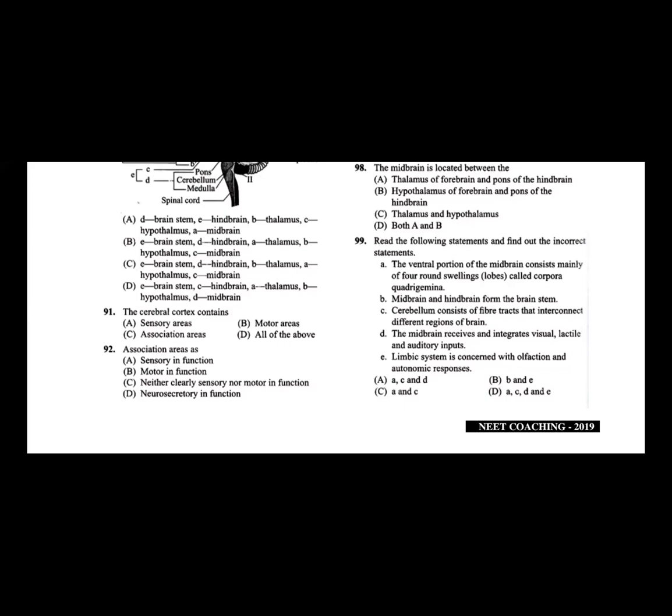Neurosecretory cells are found in the hypothalamus region, so it's not going to be association area. The association areas found in the cerebral cortex are clearly neither sensory nor motor. They can perform both sensory as well as motor functions, students. So question number 92, C is the answer.